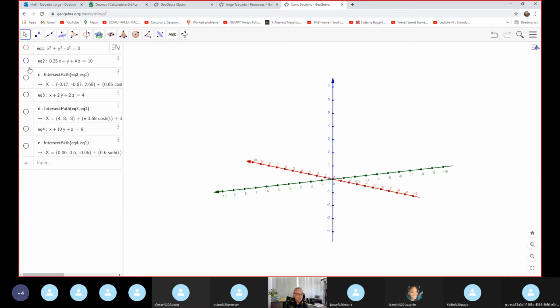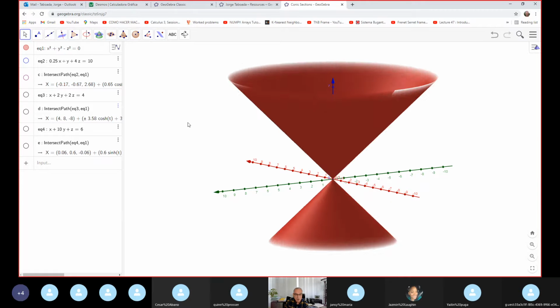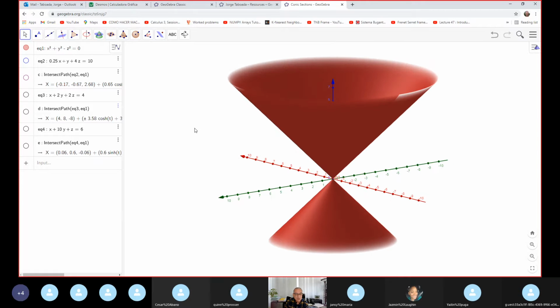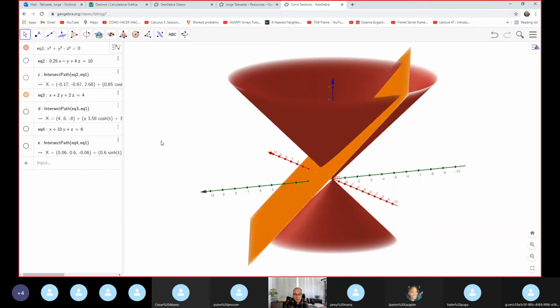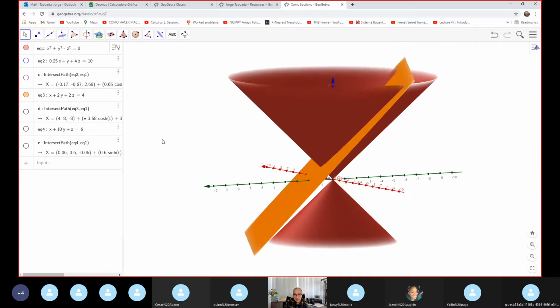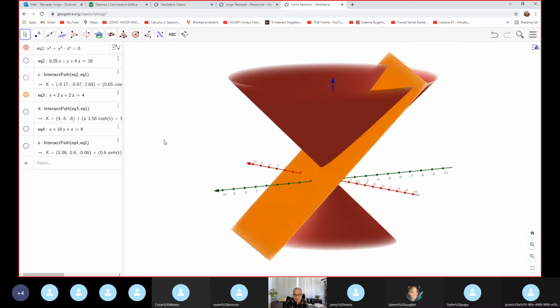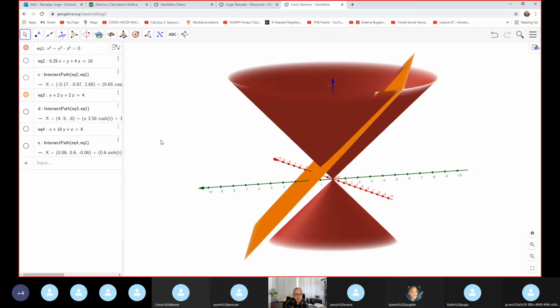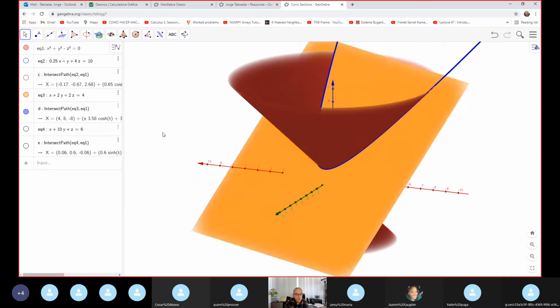Okay, now again we come back to the double cone, but we intersect the double cone with another plane. In this case the angle of the plane is exactly the same as the angle of the cone, and the intersecting figure is this blue curve.